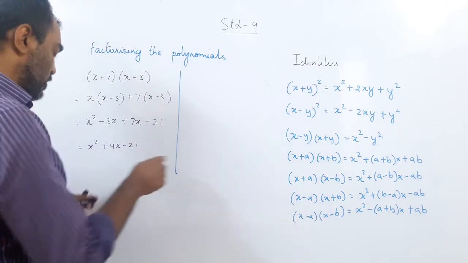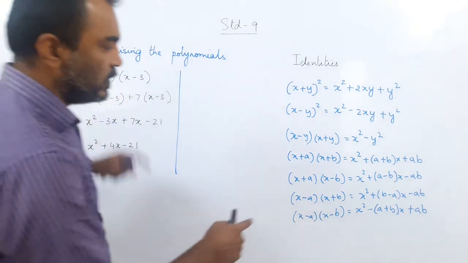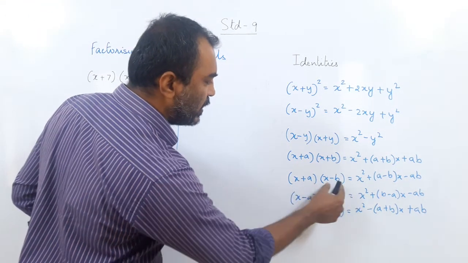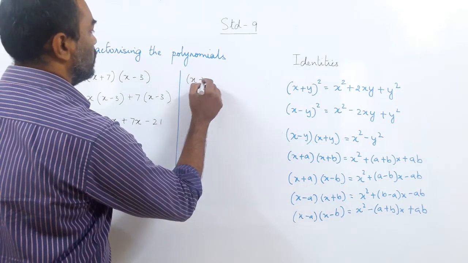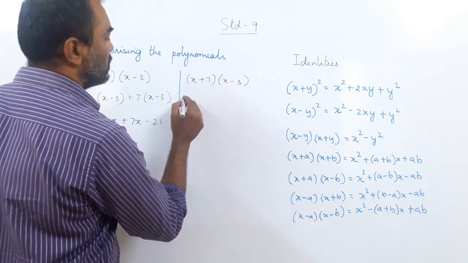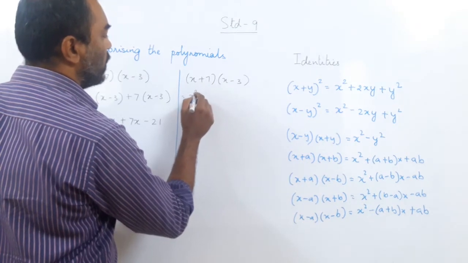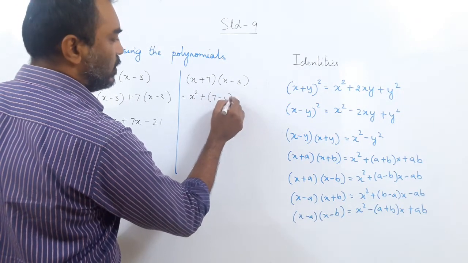Now we do the same by which method? Using the identity. So which identity will you use here? x plus a, x minus b. So what is x plus a into x minus b? See the sum. Your a is 7, b is 3. So the identity is x square plus a minus b into x.